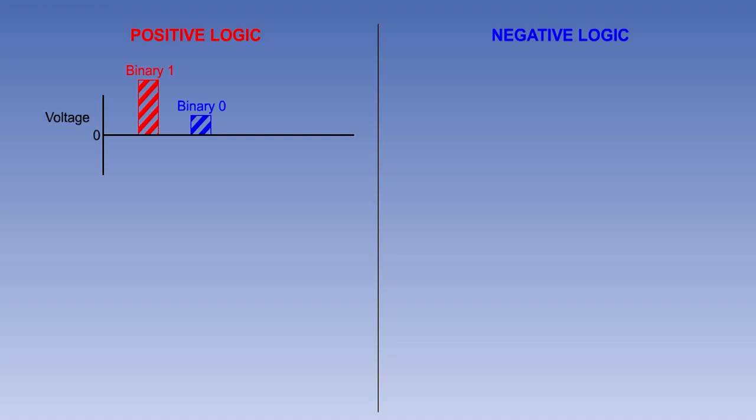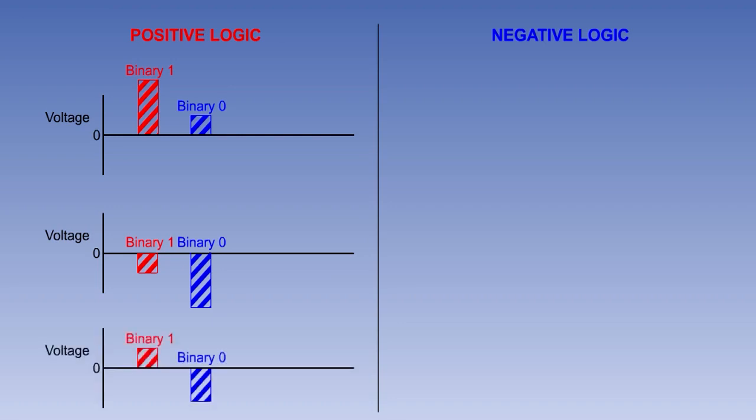The actual voltage values may be either both positive or both negative, or one positive and one negative. The only stipulation for positive logic is that a binary 1 is created by a more positive voltage than a binary 0. Most digital computer systems employ positive logic.